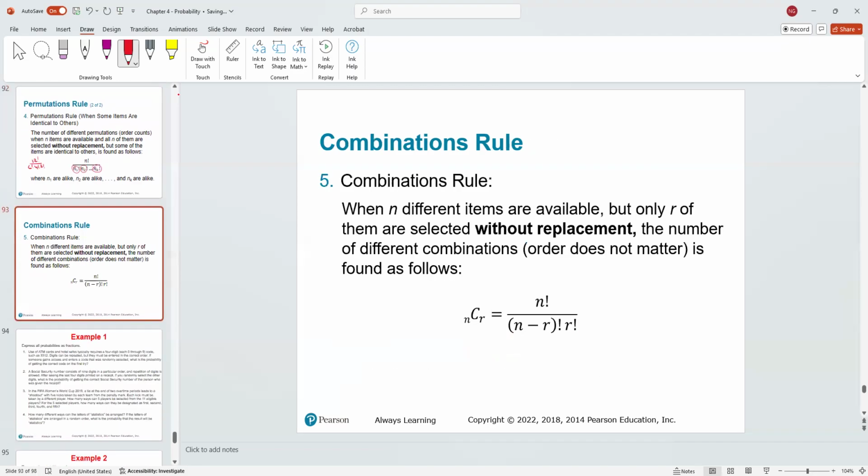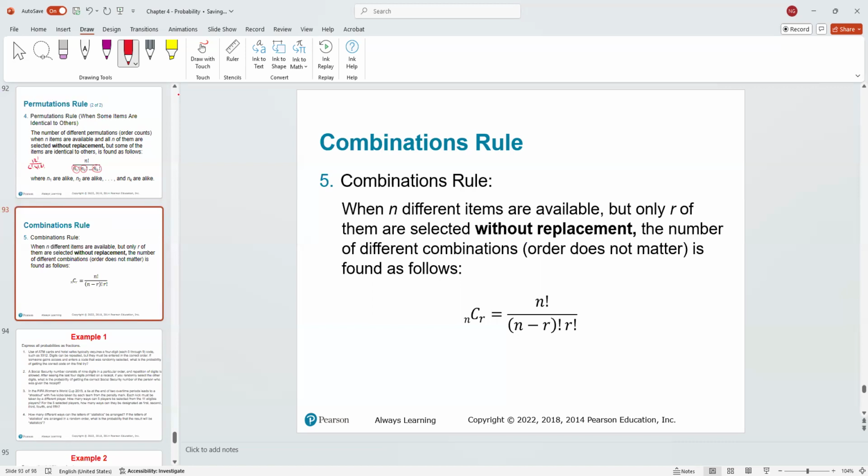Now, combination rules. Remember we said with permutation, you have everything in order. You want to form a committee of three members from seven students, and these three committee members should be president, vice president, and secretary. That means they are in order. But when you deal with combinations, it would be a little bit different.